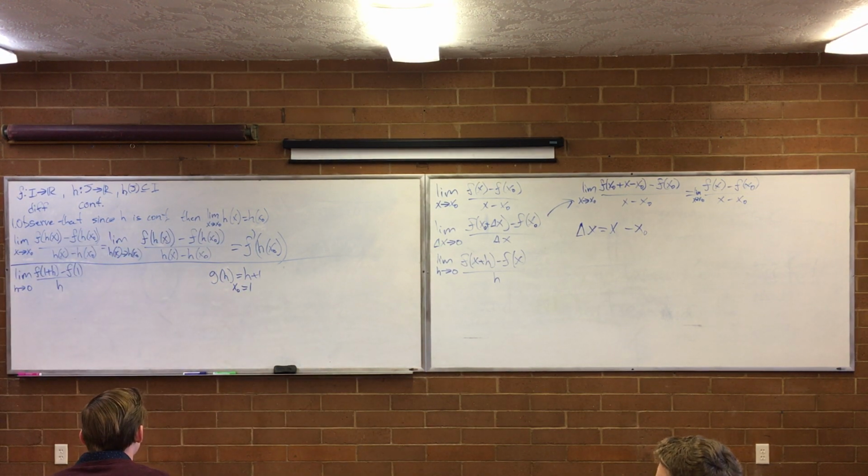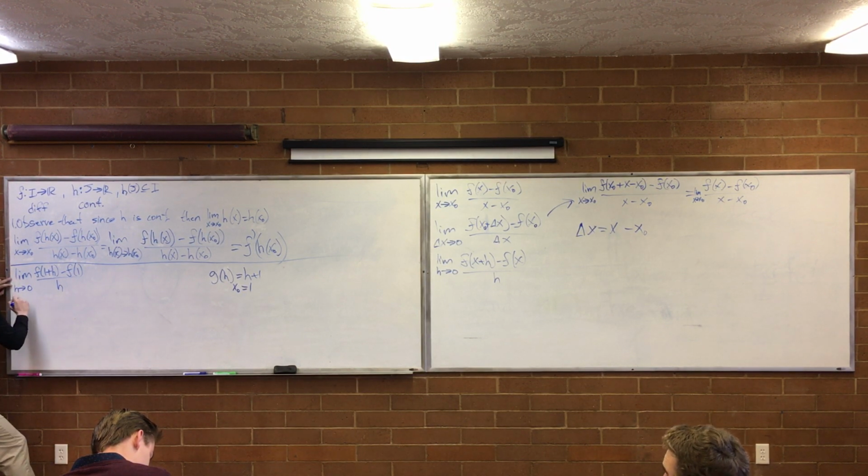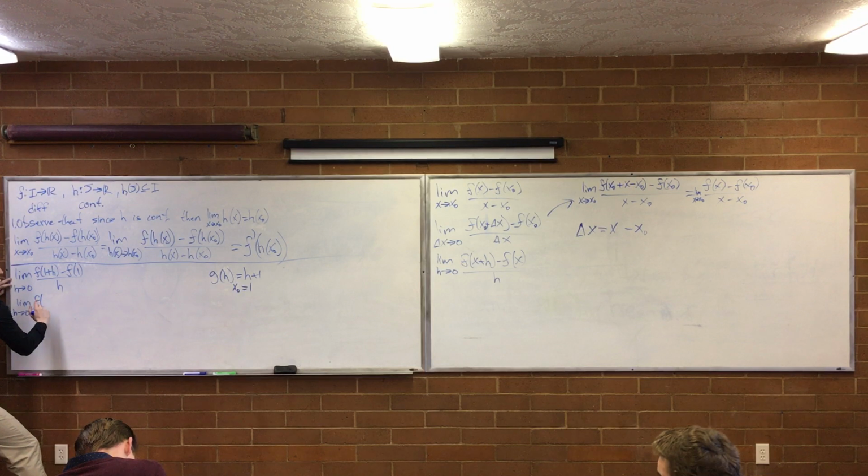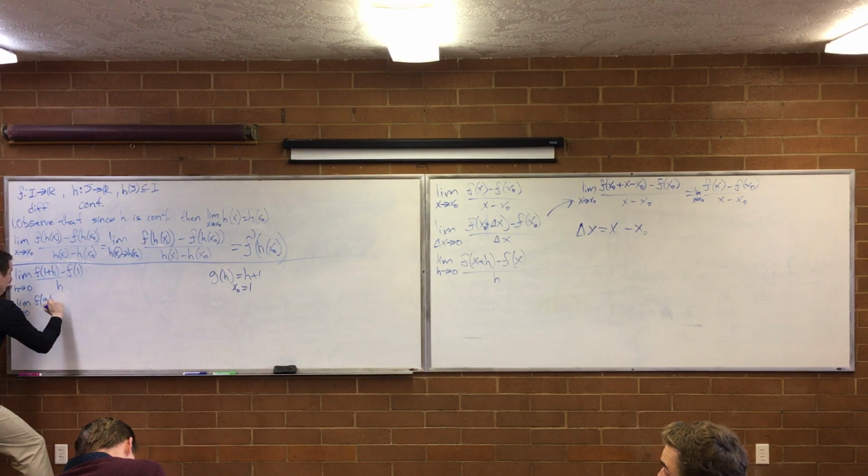Right? Yeah. Okay. So let's see how we can rewrite this limit. Well, now we're taking the limit as h goes to 0 of f of g of h.